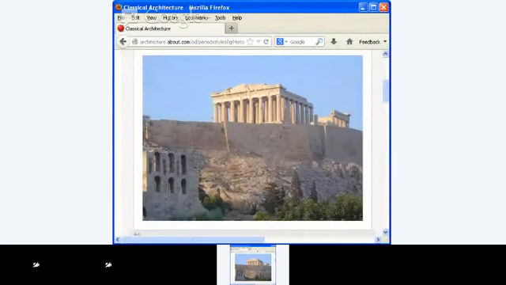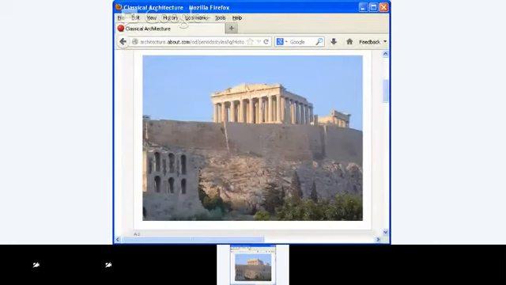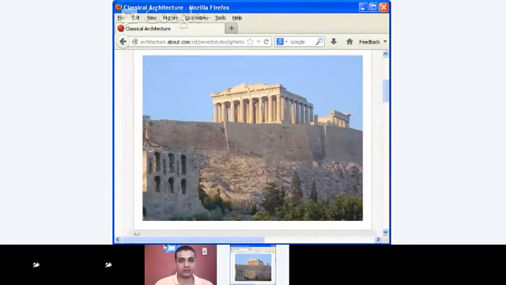Does anybody know what this building is called? It has a specific name. Go ahead, Adela. I have been to this building. This is the Acropolis? It is the Acropolis. We have a winner. You are correct.